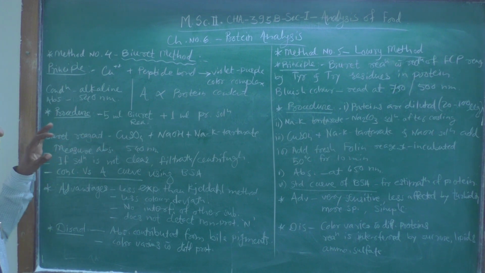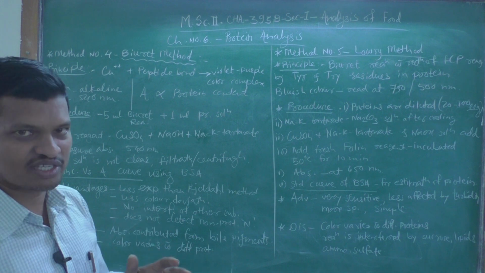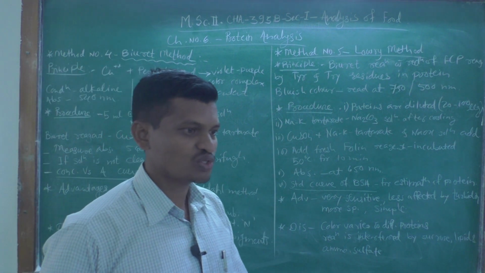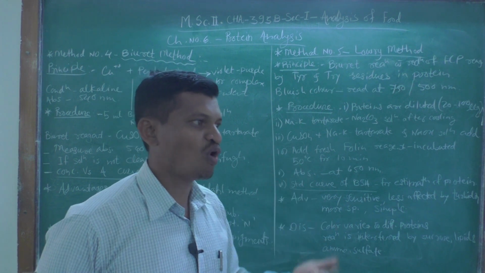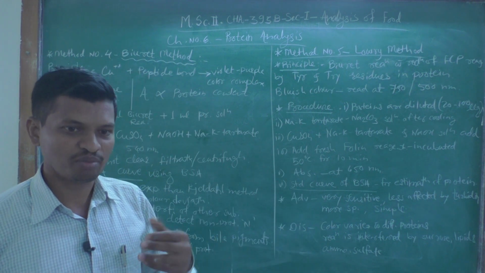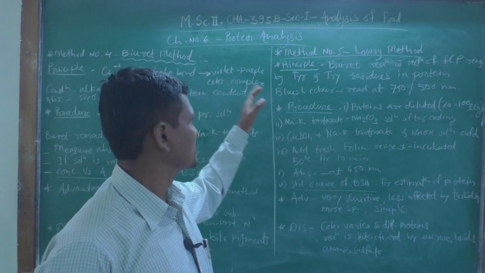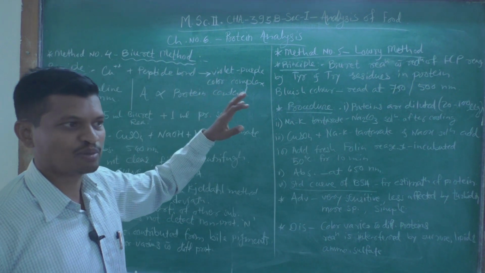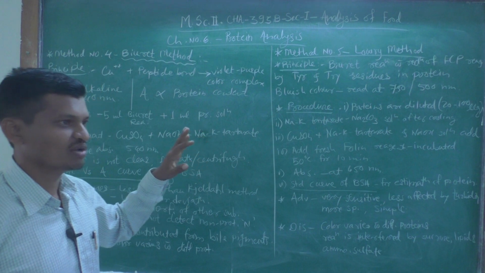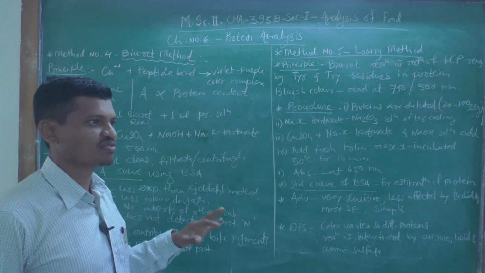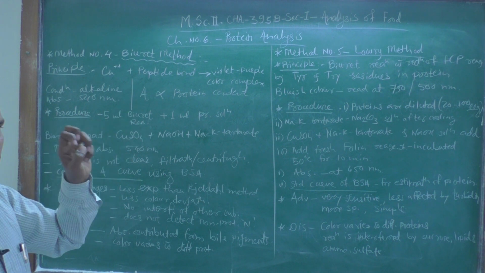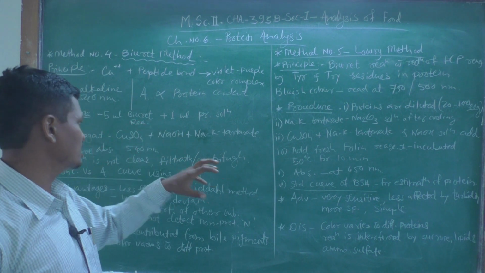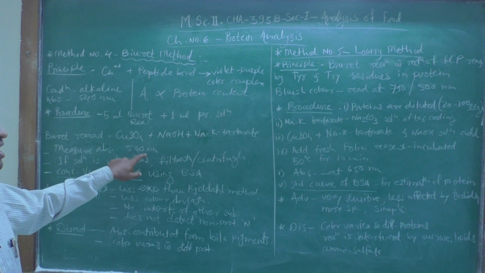Then allow the reaction mixture to stand for 10 to 15 minutes, to give time for the formation of the color complex between these cupric ions and the peptide bonds from the protein. After 10 to 15 minutes, measure the absorbance of that solution at 540 nanometer.